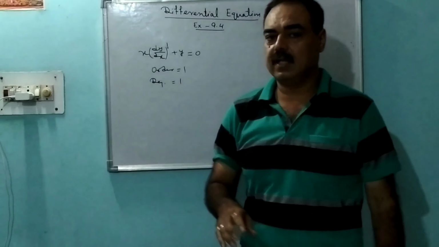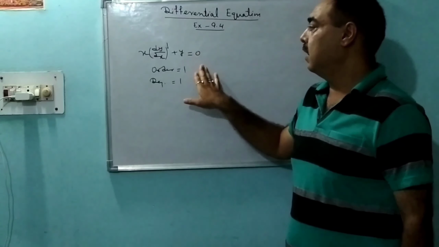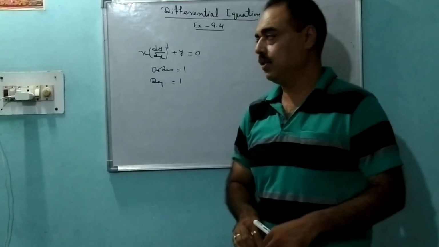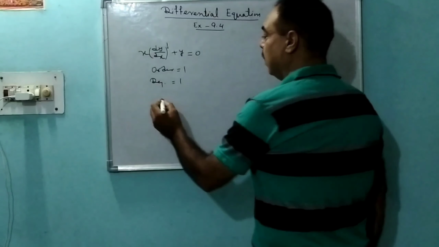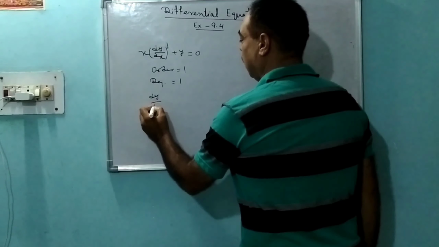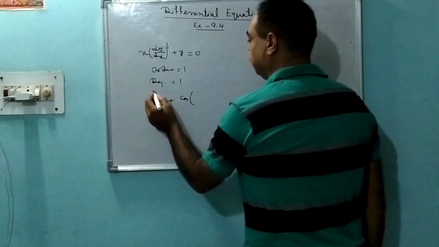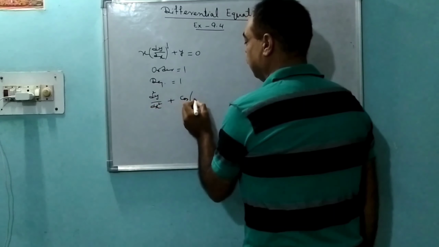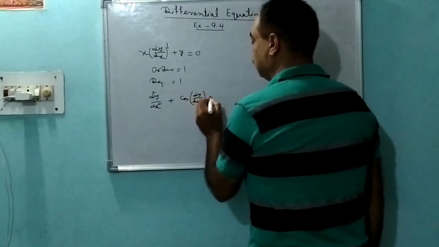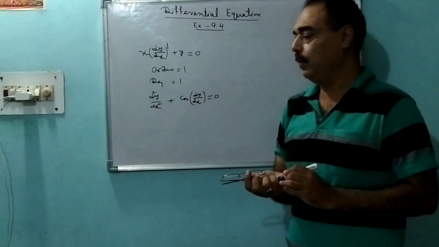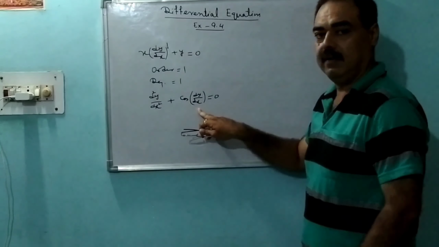In the first exercise, he asked us what is the order and what is the degree of a differential equation. Suppose our differential equation is this one. This one is not polynomial in the first order derivative.